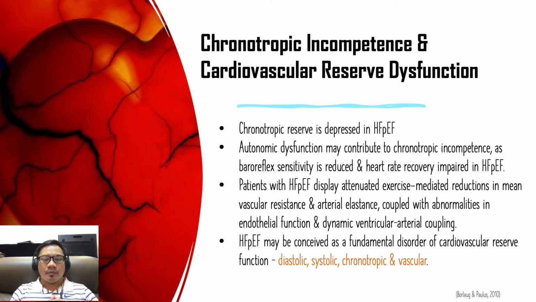Similar to systolic heart failure, this is likely related to downstream deficits in beta-adrenergic stimulation, because the increase in plasma catecholamines with exercise is similar in diastolic heart failure and healthy controls.